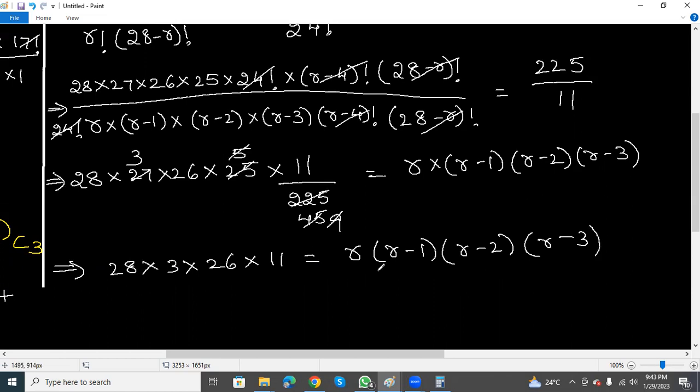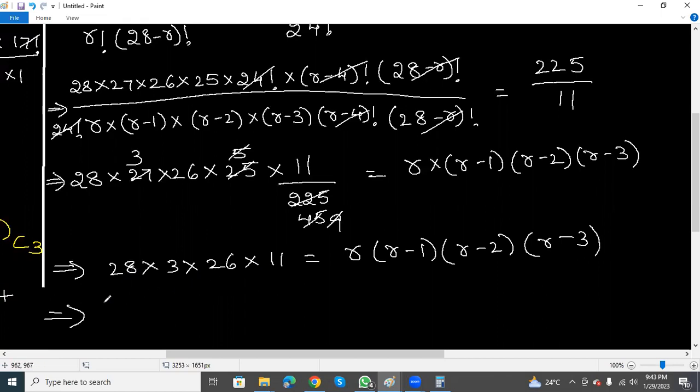What are these? These are consecutive numbers: r, r minus 1, r minus 2, r minus 3. This LHS also we need to write as consecutive numbers. For that, first I will split into prime factors, then I will check for four consecutive numbers.